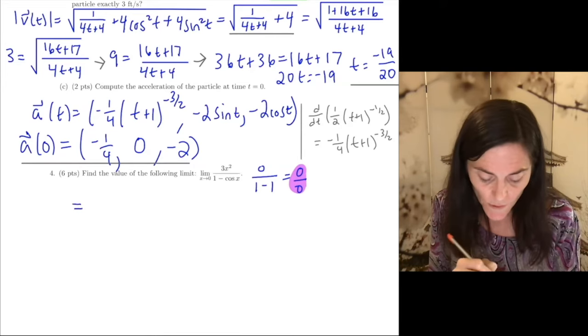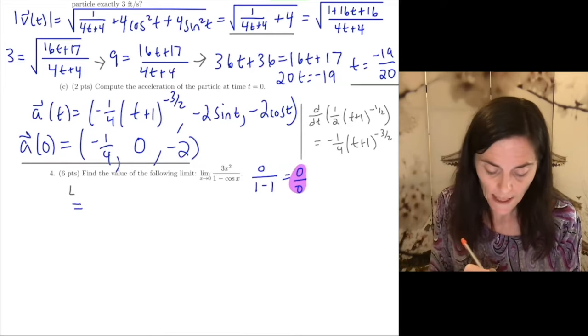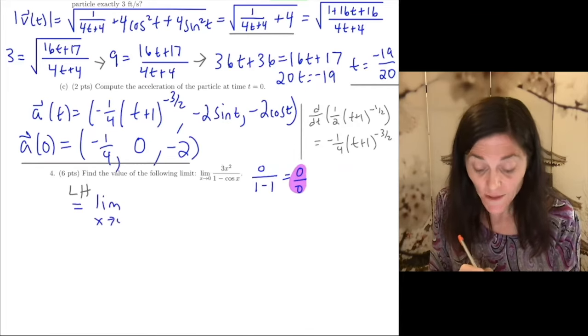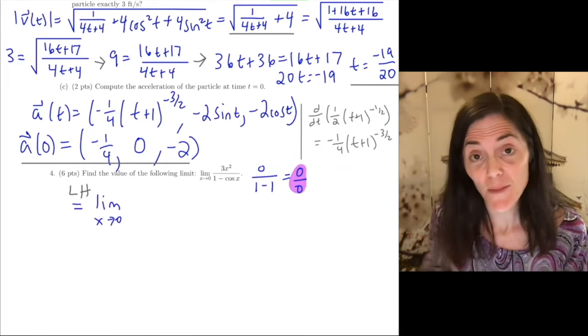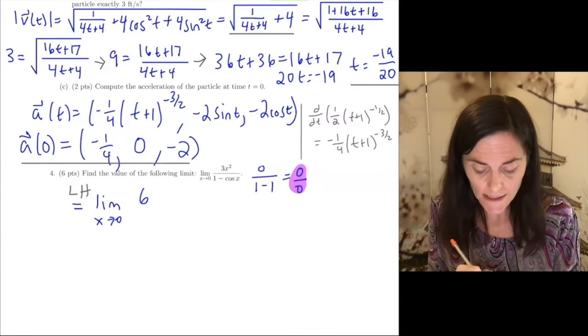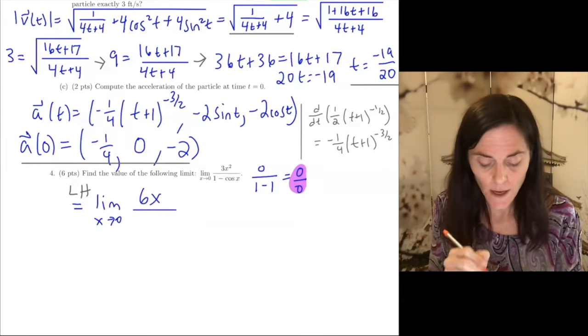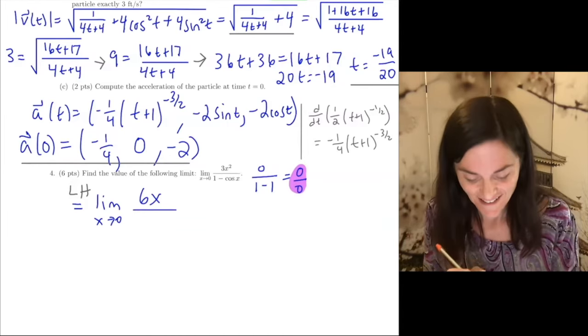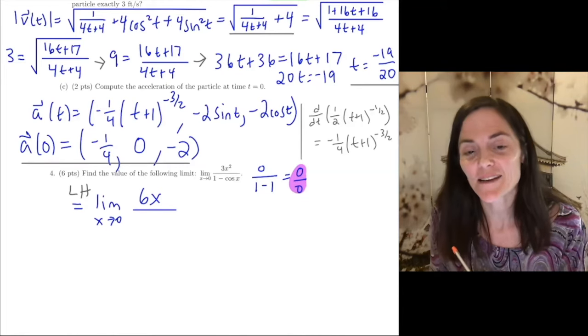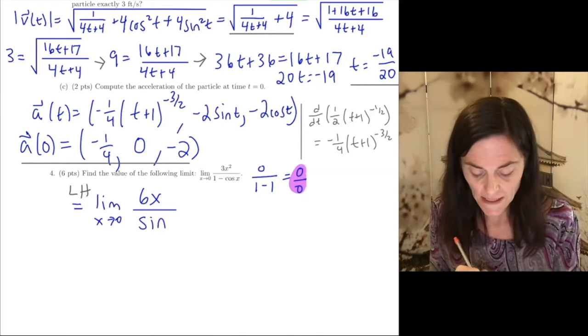So this equals, using L'Hopital, well, we will take the derivative on the top, take the derivative on the bottom, reevaluate the limit. And when we do, we get 6x divided by, well, the derivative of cosine is minus sine. We have a minus in front. So this would just be sine of x.